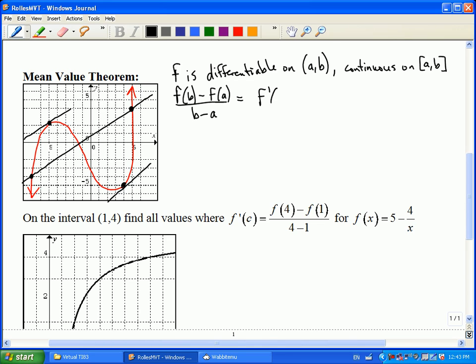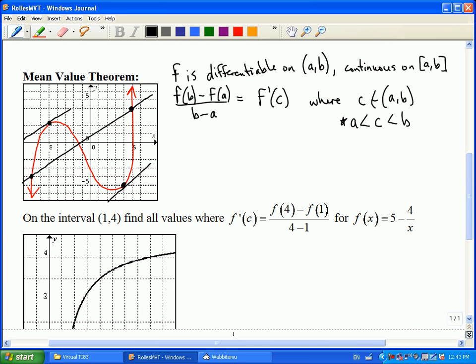It must be equal to the derivative at some point C, where C is somewhere in the middle of A and B. So for those of you who don't like the interval notation, I'm saying that C is between A and B. Okay, so this must be true.